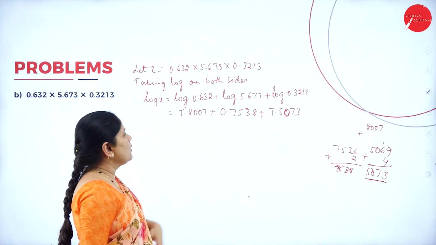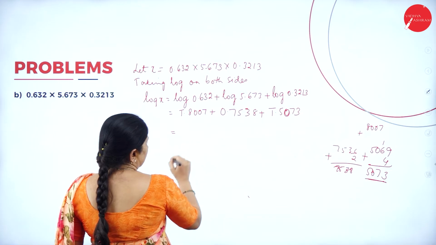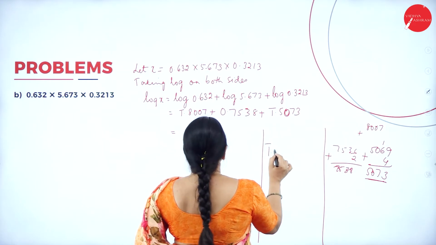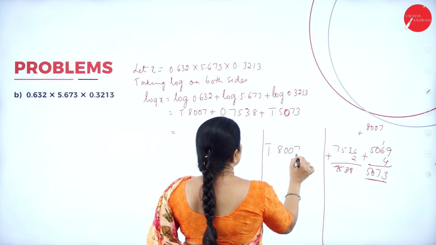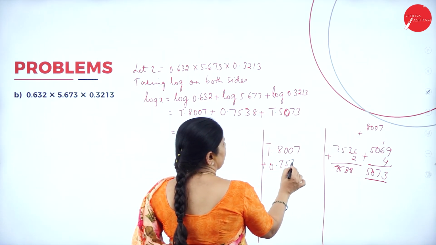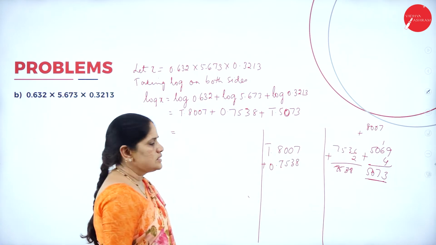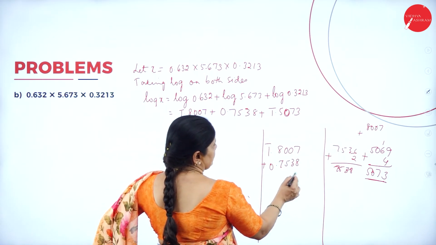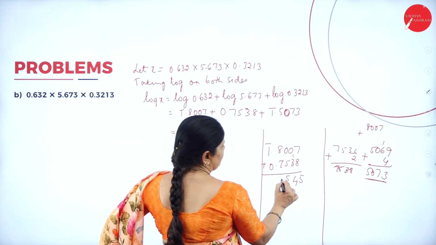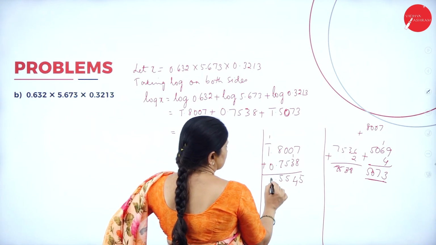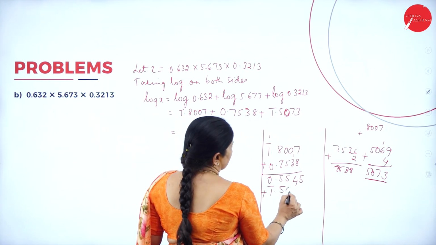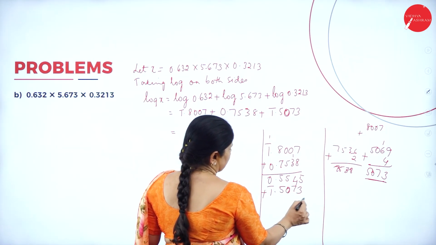Now I will have to add all these values. So in a working column I will add it here. 1 bar 0.8007 plus 1 bar 0.7538 plus 1 bar 0.5073.